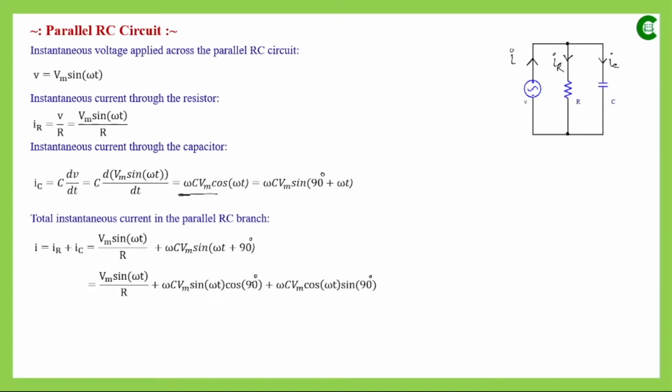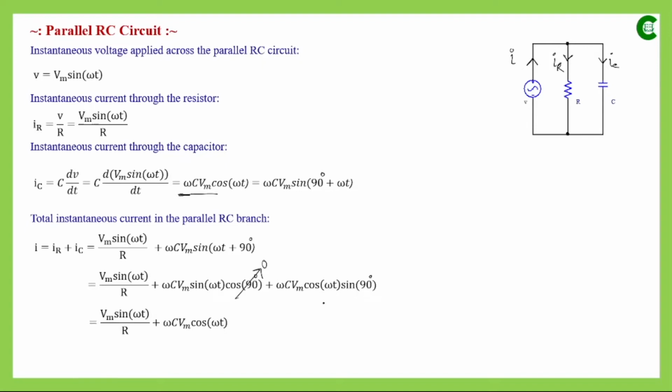Now cos 90 degree has value 0, so that term will vanish, and sin 90 degree has value 1. So the modified expression for the total instantaneous current is Vm sin omega t by R plus omega C Vm cos omega t.